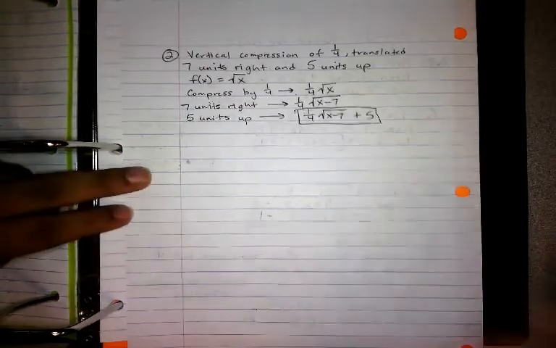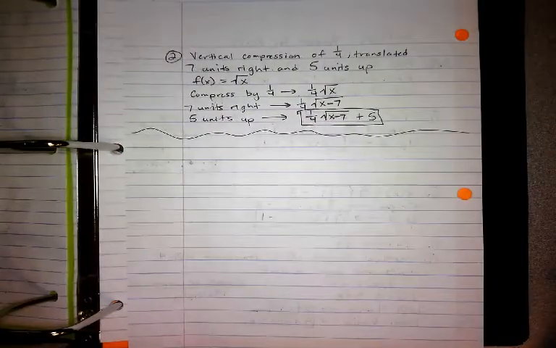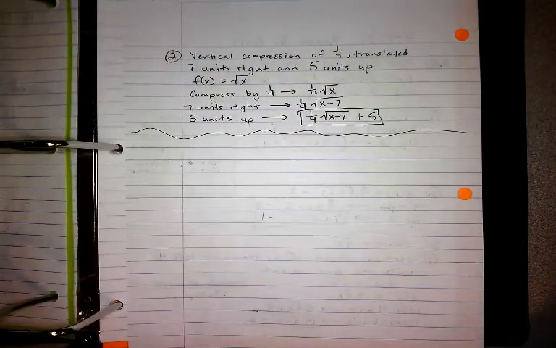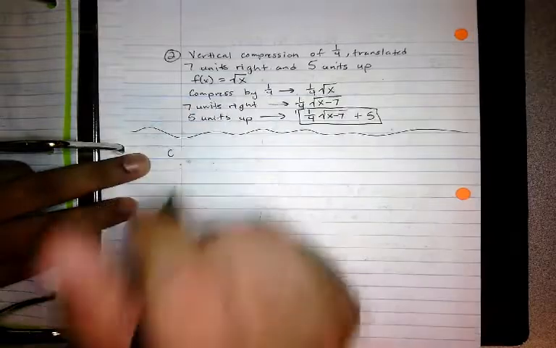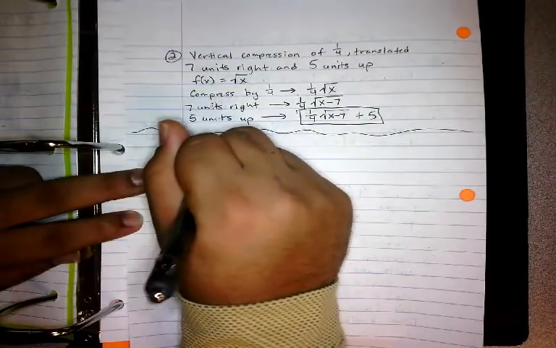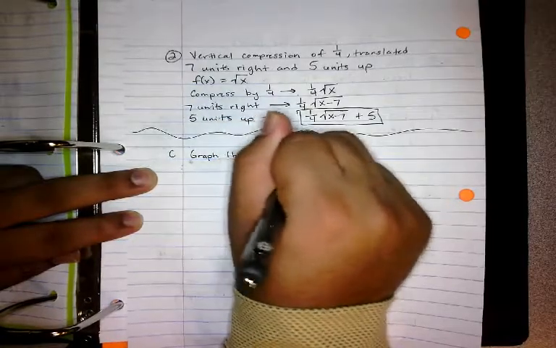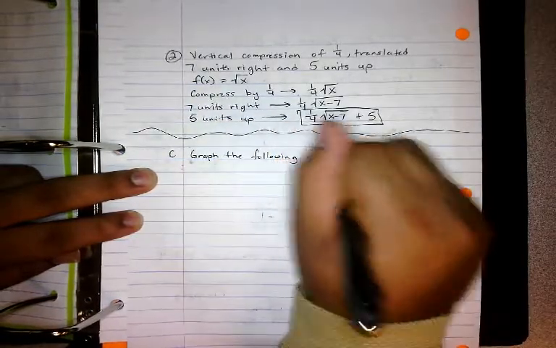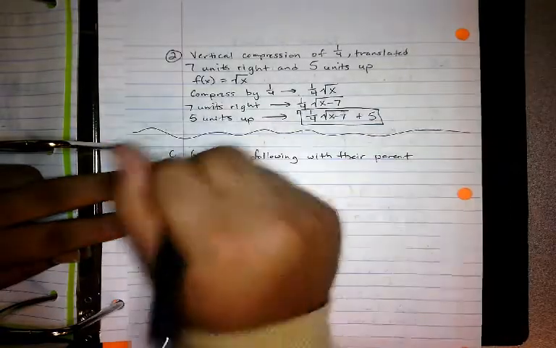This next section is about graphing. I can show you on the phone when we get there. Actually, this is section C. It says graph the following with their parent function.